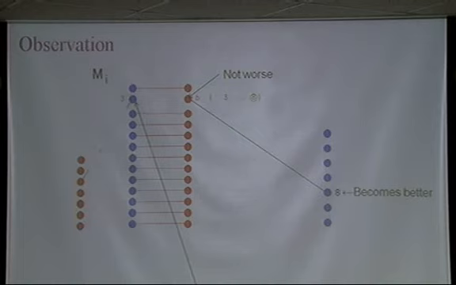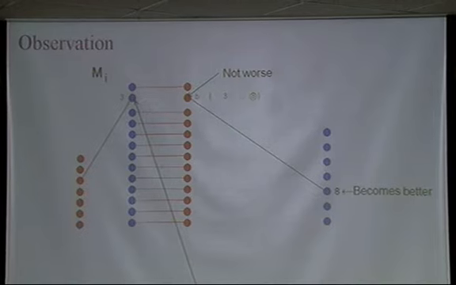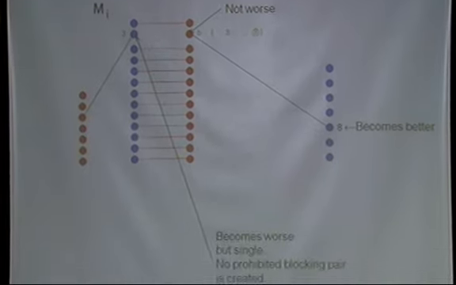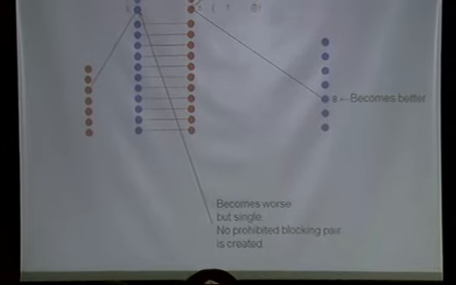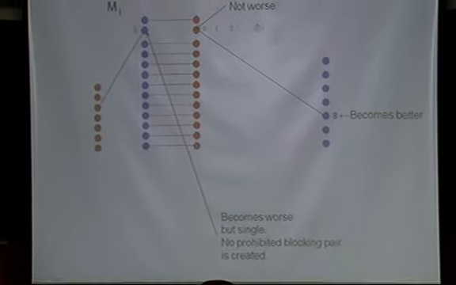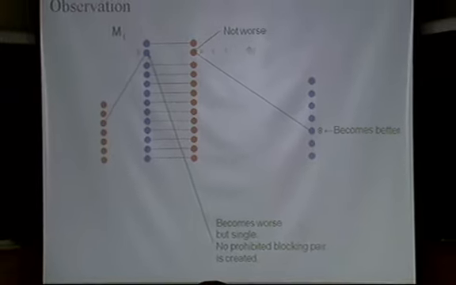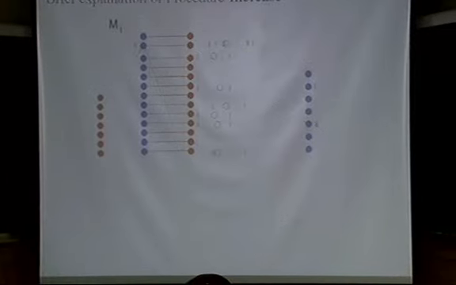So there may be a chance to match 3 to some person. And if this matching does not have a prohibited blocking pair, then we are done. But in general, it is not the case. But we know that there are a lot of good edges.